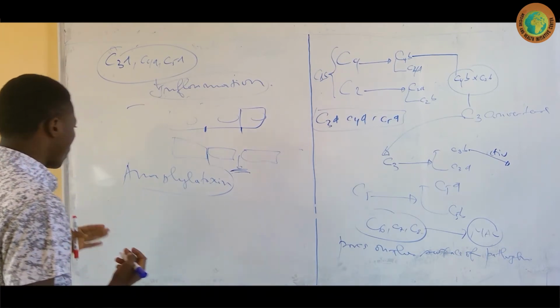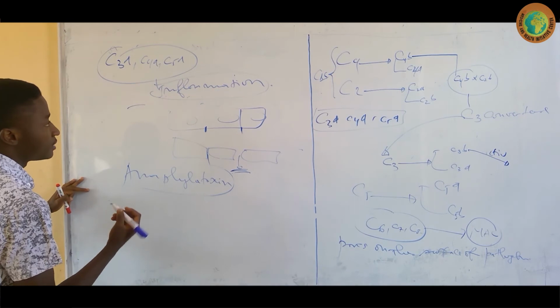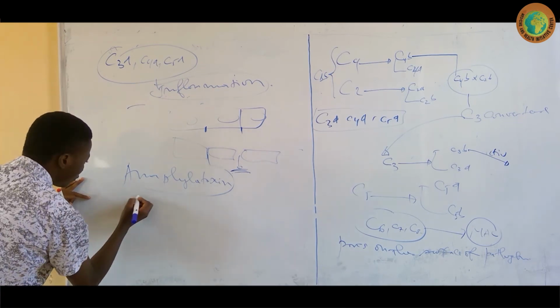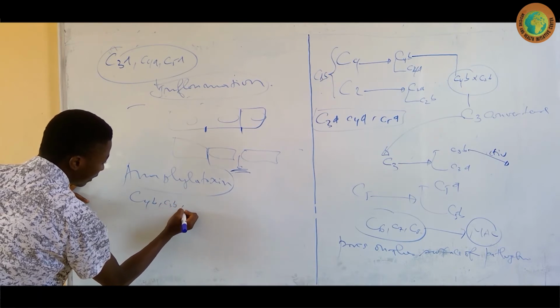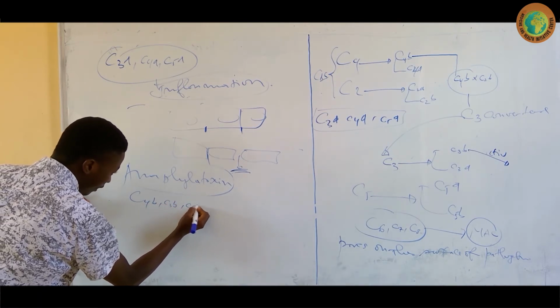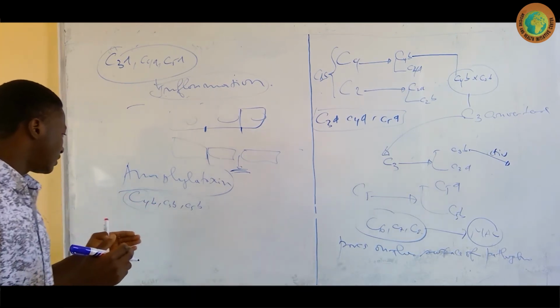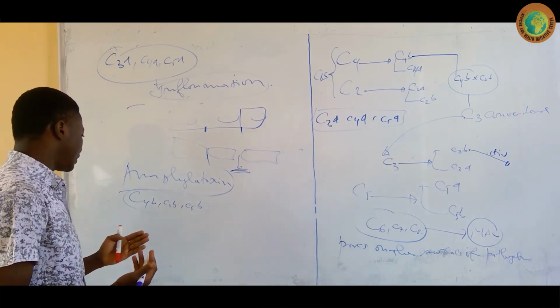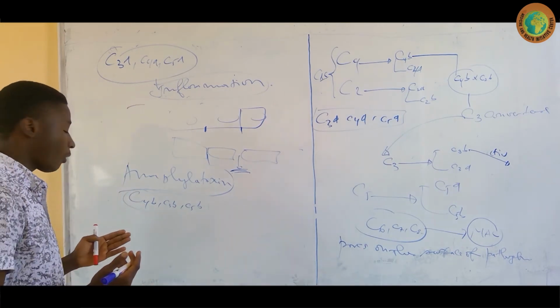Another thing that you are going to see is the function of C4b, C3b, and C5b. These are complement proteins which are involved in what we call opsonization.